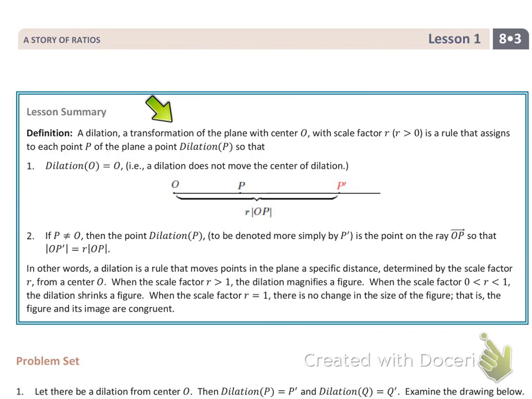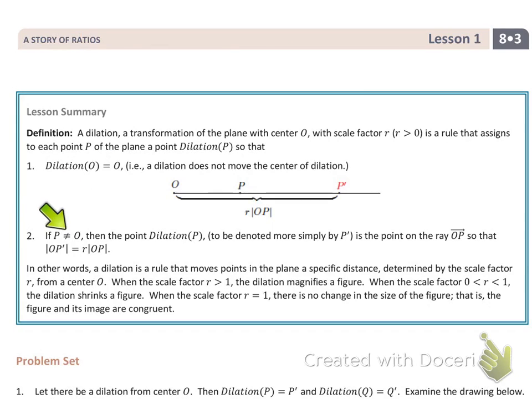So a dilation is a transformation of the plane with center O, scale factor R, and R is greater than 0, remember. And this transformation is a rule that assigns to each point in the plane a dilation point, we can call it P prime, so that two things happen. If we dilate the center, the dilation of the center O is just O. So the center does not move. We talked about that.